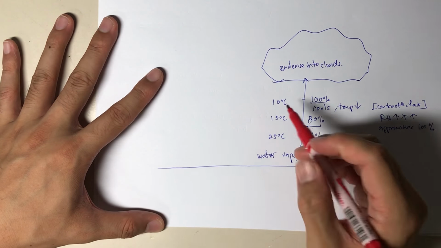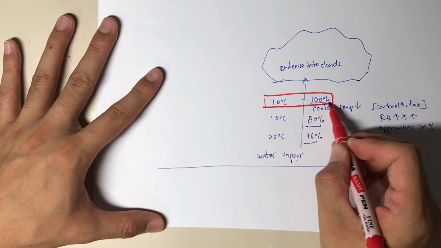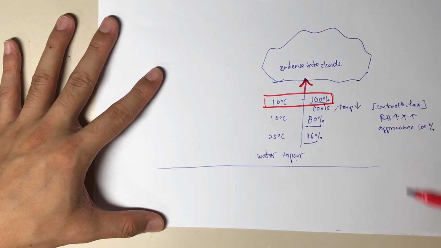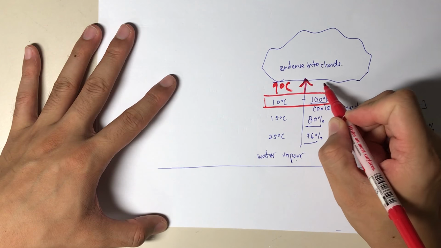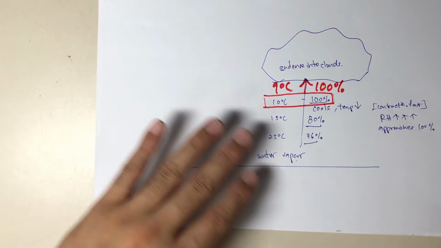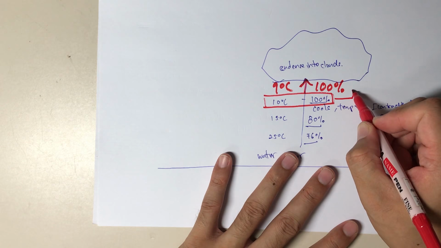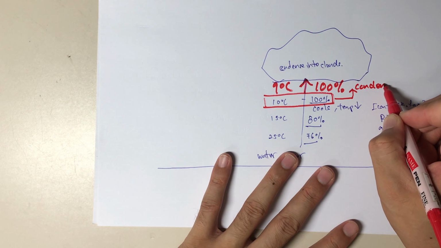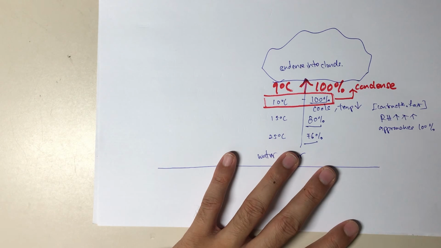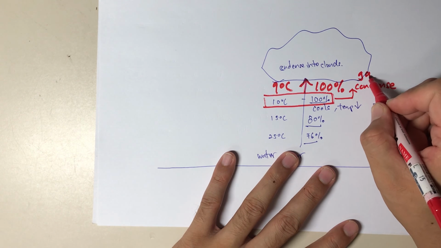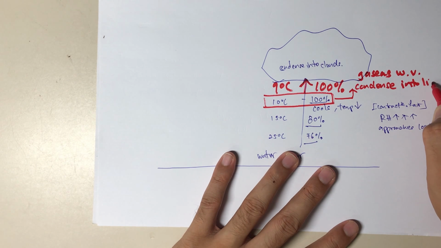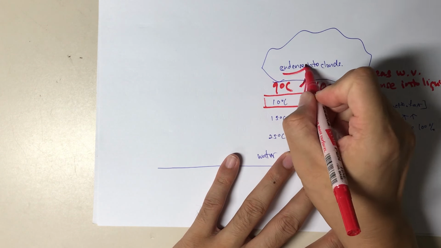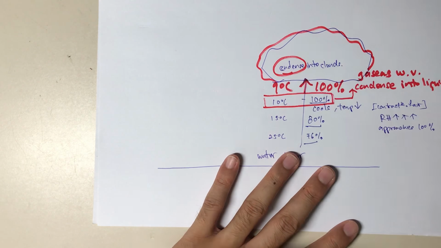Now you realize that at this temperature, it's already 100. As it continues to go up, when temperature is 9 degrees Celsius, it will be 100% still, but the water vapor will start to condense into liquid.